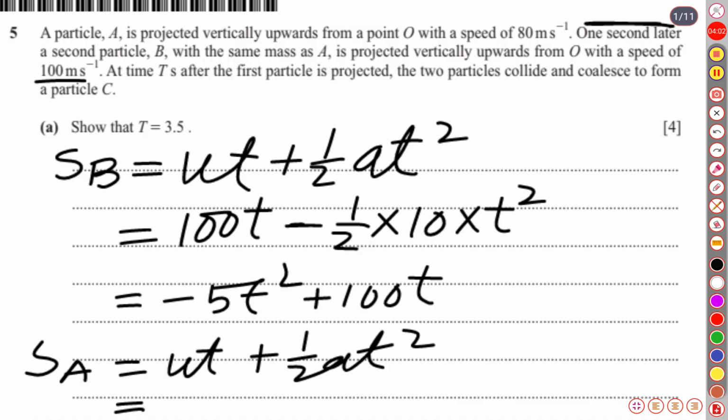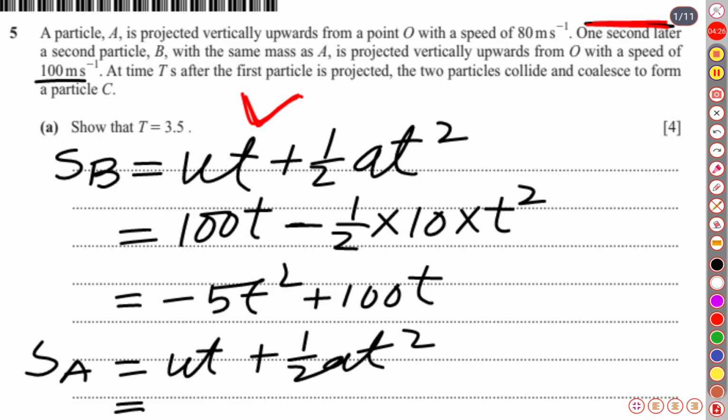That means particle A took 1 second more than the time taken by particle B. If particle B takes t time, look at this, this is the time taken by particle B. So surely particle A took 1 second more because A was projected 1 second earlier.